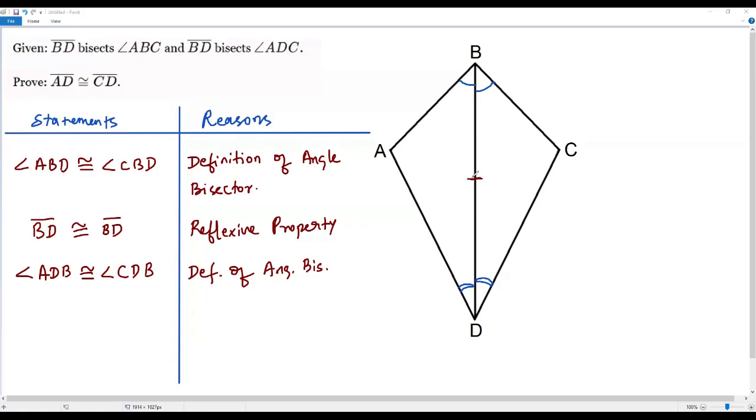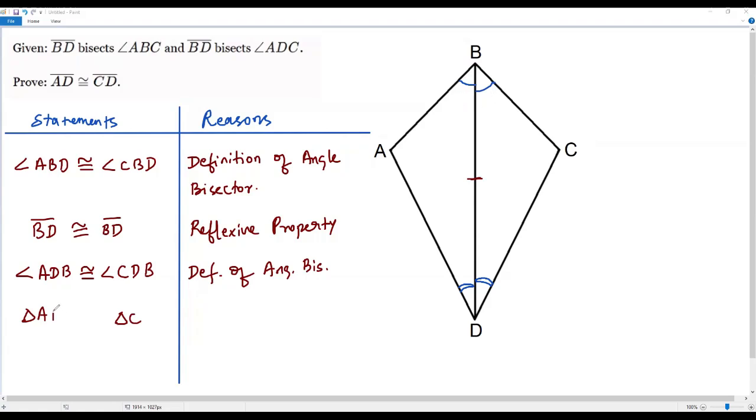Now let me write the vertices of the first triangle. Let me take the vertex A of triangle ABD. What is the corresponding vertex in the second triangle? That is C. Now let me take the vertex B in the first triangle. The corresponding vertex in the second triangle is also B, because the angle measures over here are congruent.